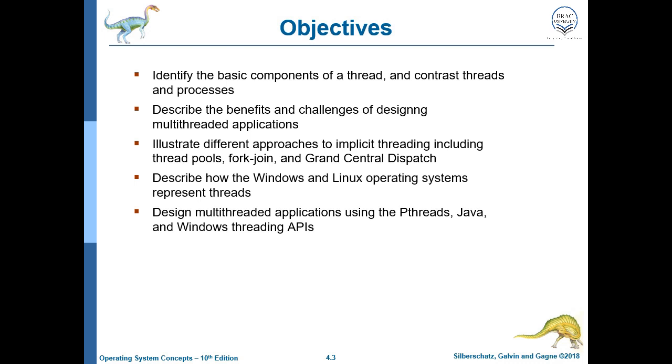Describe how the Windows and Linux operating systems represent threads, which suggests that these operating systems have their own ways of representing threads. Designing multi-threaded application using pthreads, Java, Windows threading APIs. So these are the objectives of this chapter.